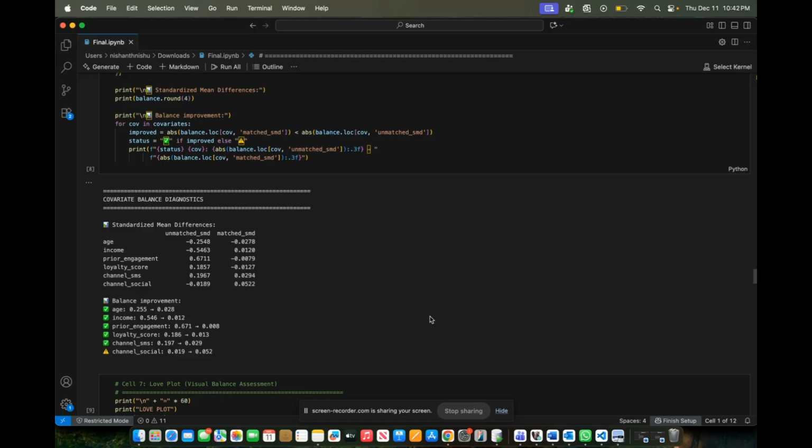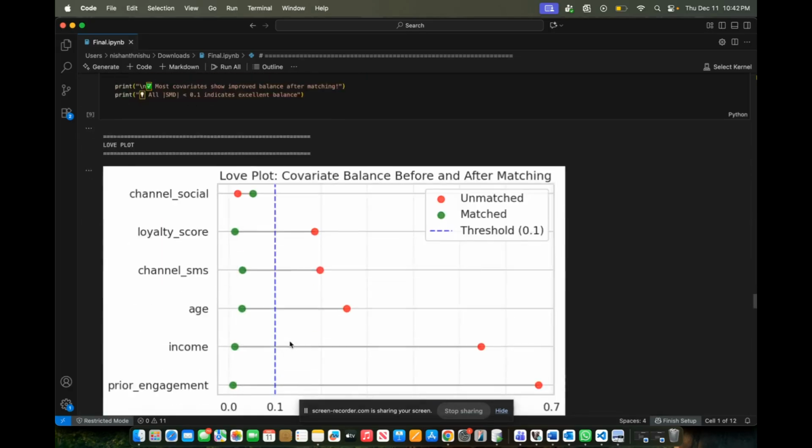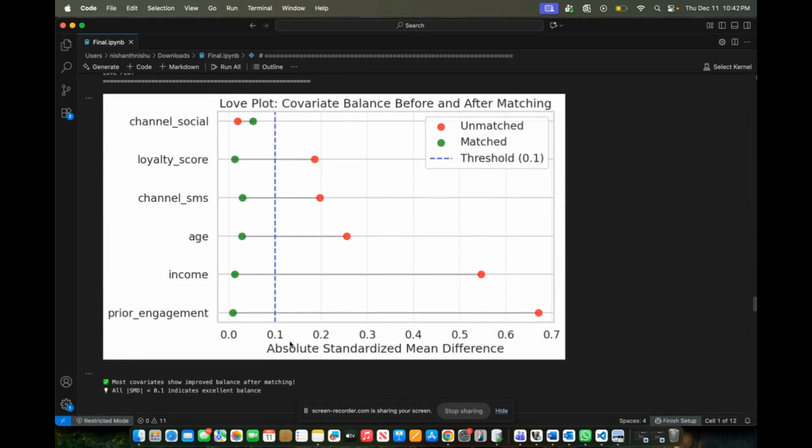After matching, loyalty drops to around 0.04, and all covariates fall under the 0.1 threshold. Here we can see a love plot that visualizes this. You can see each covariate moving dramatically towards zero imbalance. This confirms that our matching successfully created comparable groups.